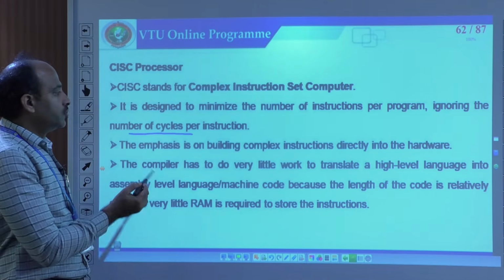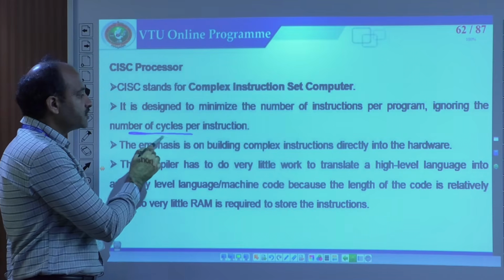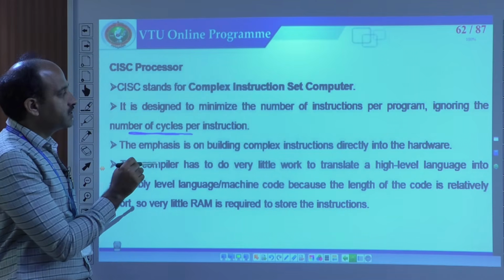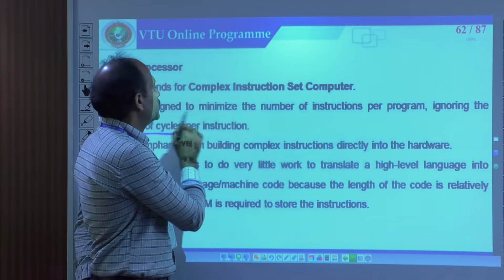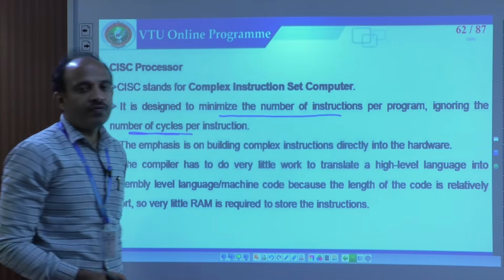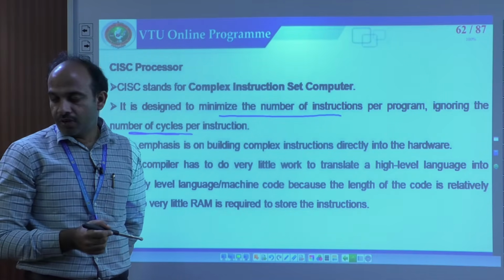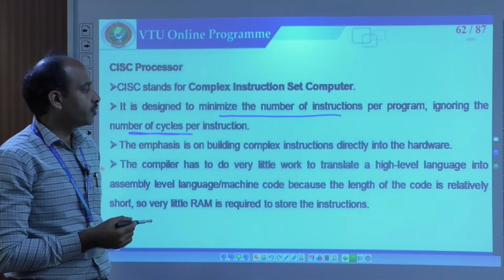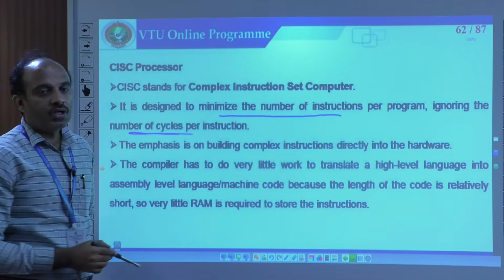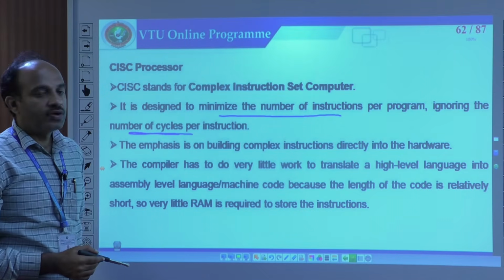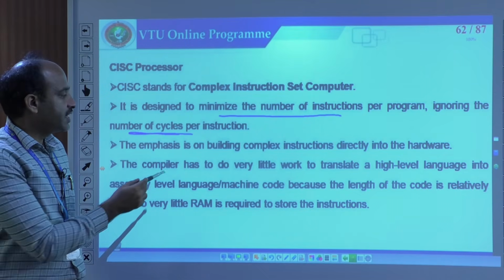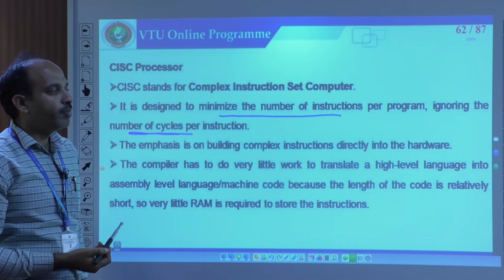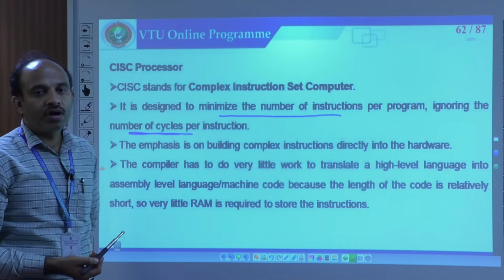So now, instead of focusing on the number of cycles, the focus here is to minimize the number of instructions per program, ignoring the number of cycles per instruction. The emphasis is on building the complex instructions directly into the hardware.